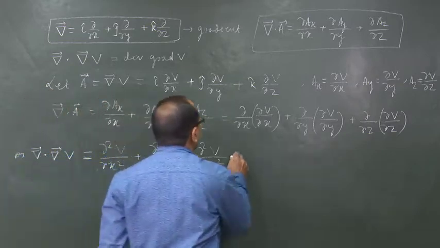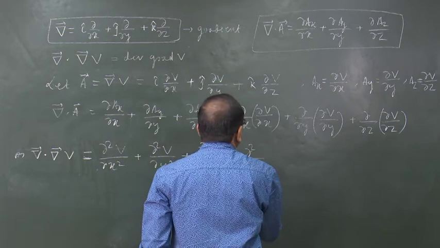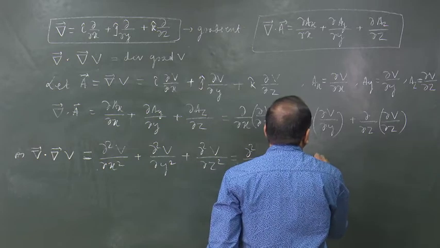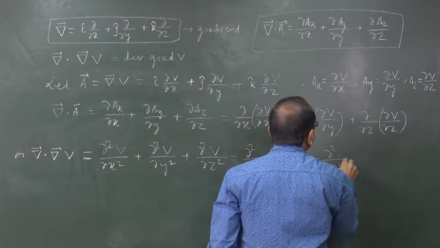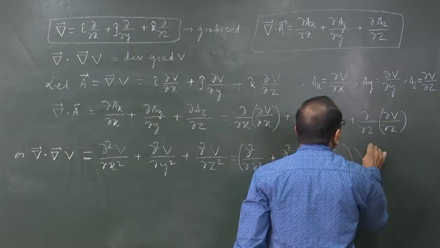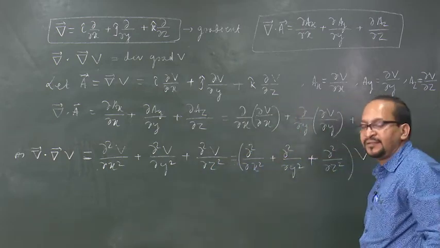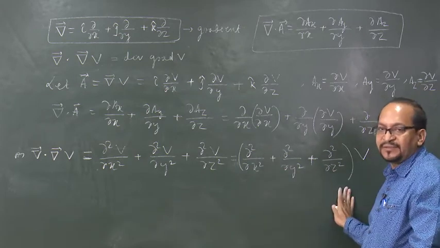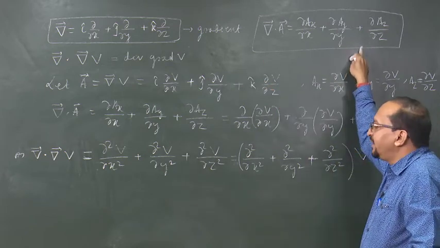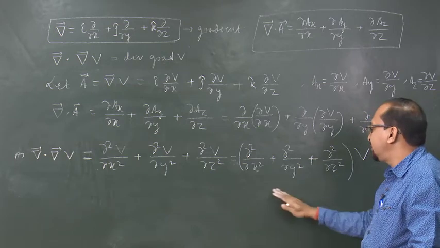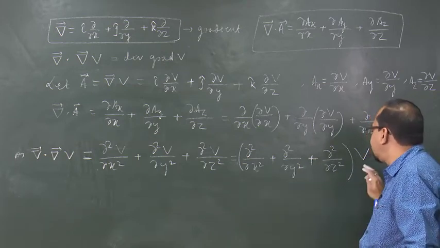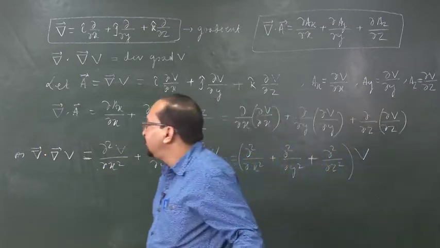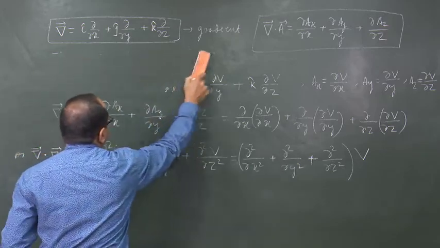So this is equal to del square by del x square plus del square by del y square plus del square by del z square operating over V. Now you can see a double derivative operator, while those were single derivatives, these are double derivative operators, and this operator which operates upon V is called Laplacian operator, and we write the symbol for it as del square.